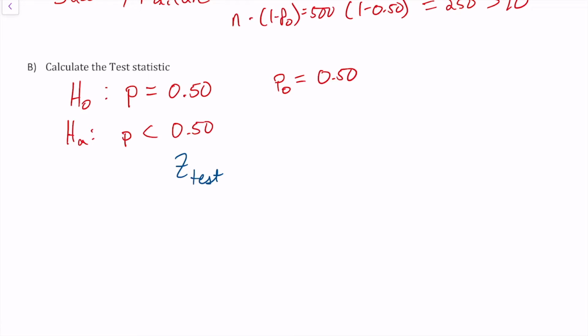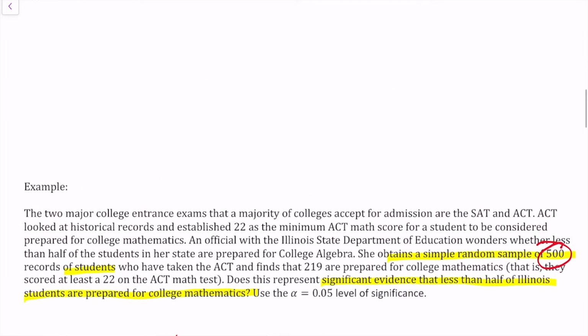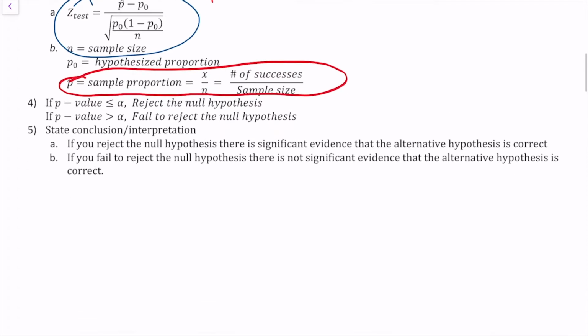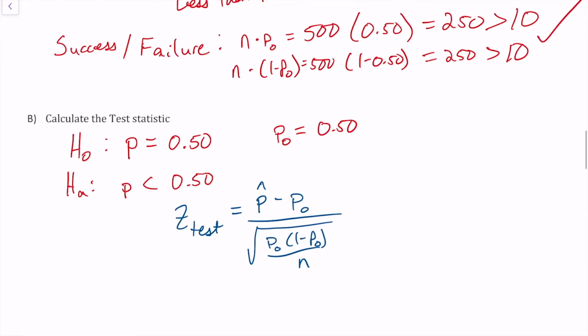The z-test is, I'm just going to rewrite the formula, it's p hat minus p naught over the square root of p naught times 1 minus p naught over n. Okay, so once again, I just grabbed that formula from right here. Okay? All right, so we have p naught.